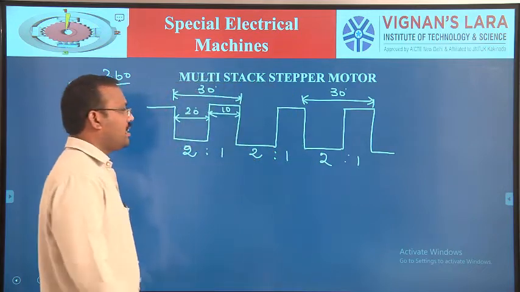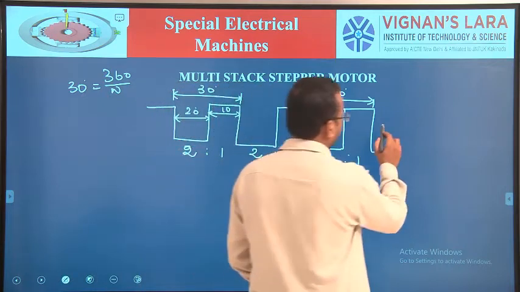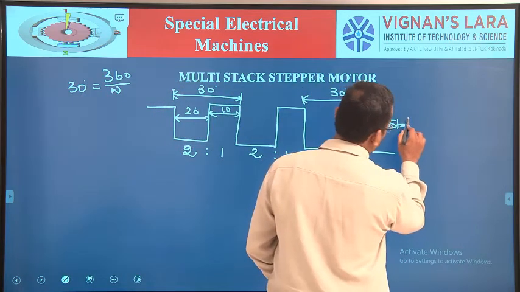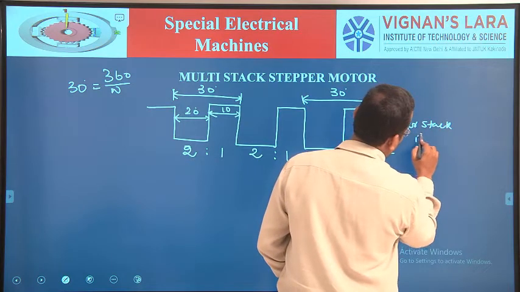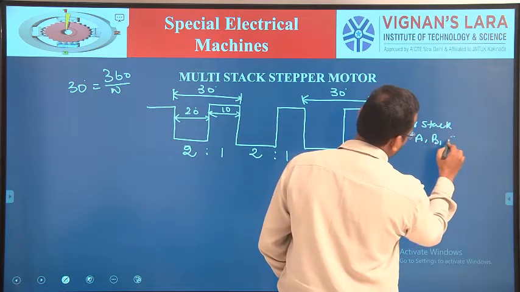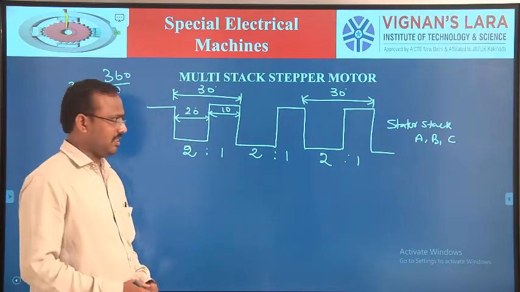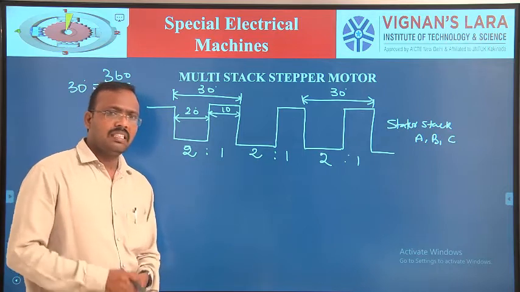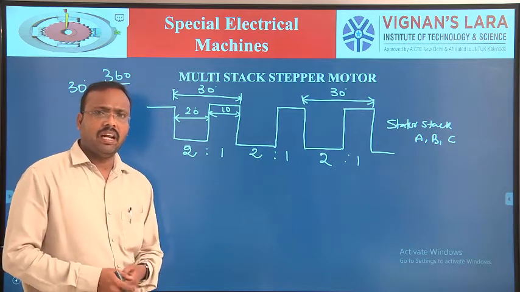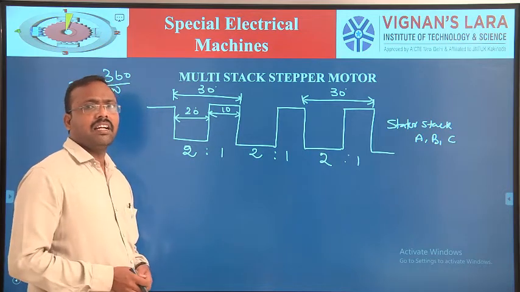Okay, so this is a stator stack. So we can say stator stacks A, B and C. Now we have three rotor stacks: stack A, stack B and stack C.